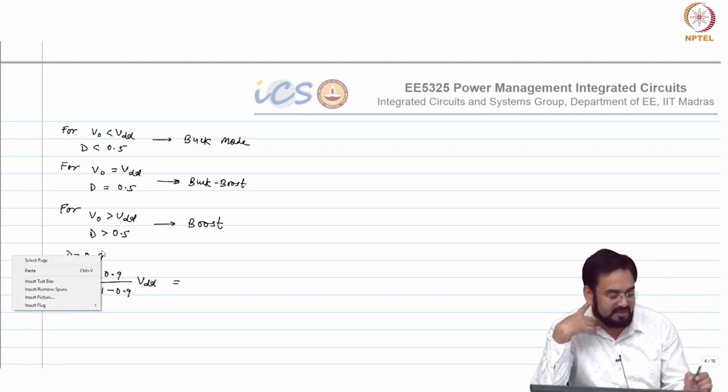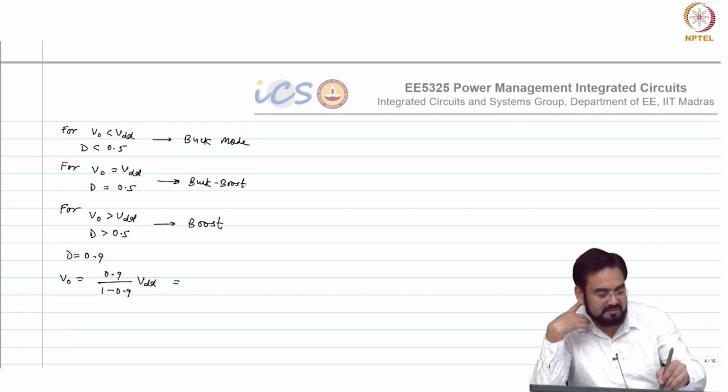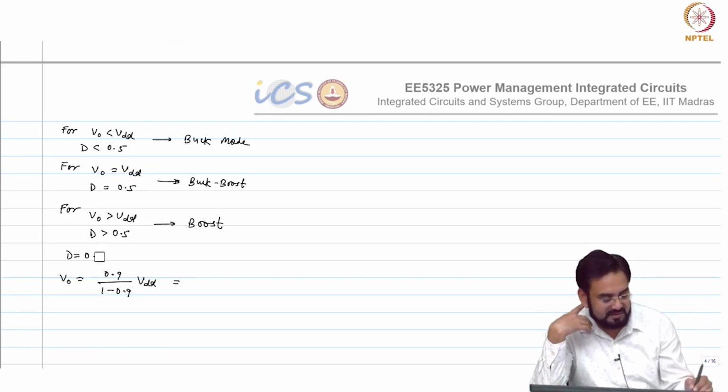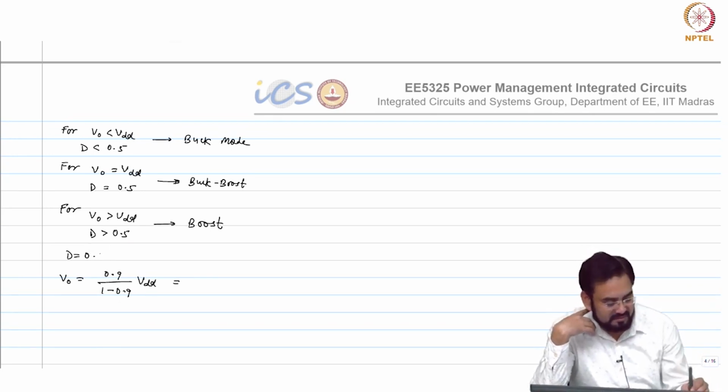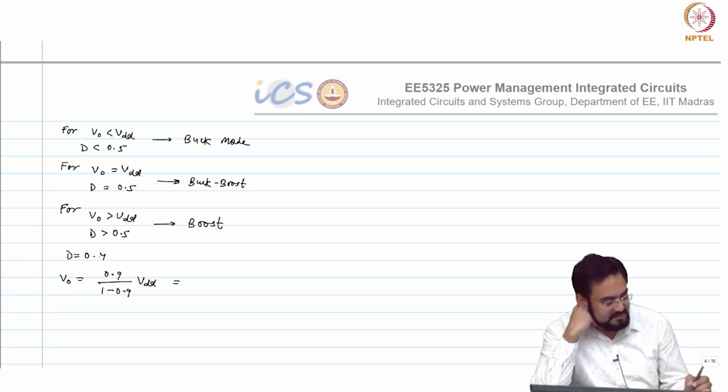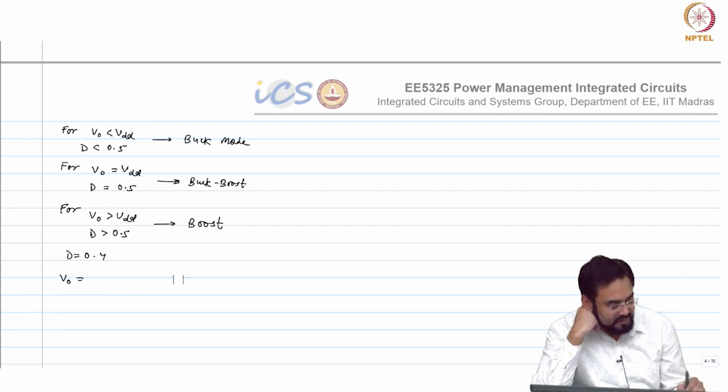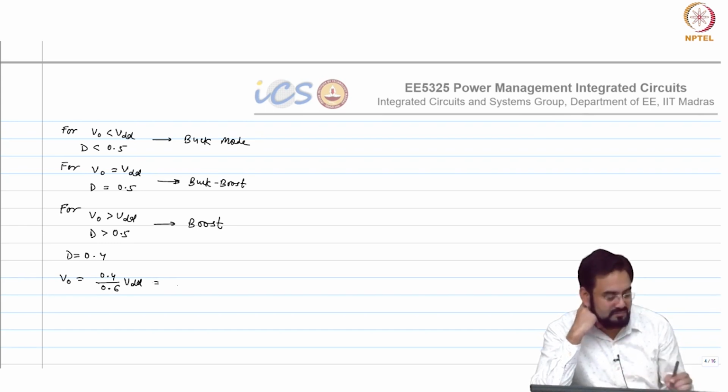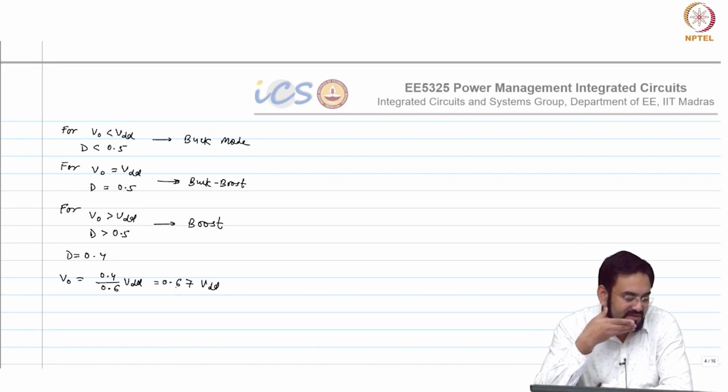Okay, and if D equal to 0.1, it is 1 by 9. Or let's say D equal to 0.4. Take the other condition. How much is this? 0.4 over 0.6 VDD. How much is this? 0.67 VDD.